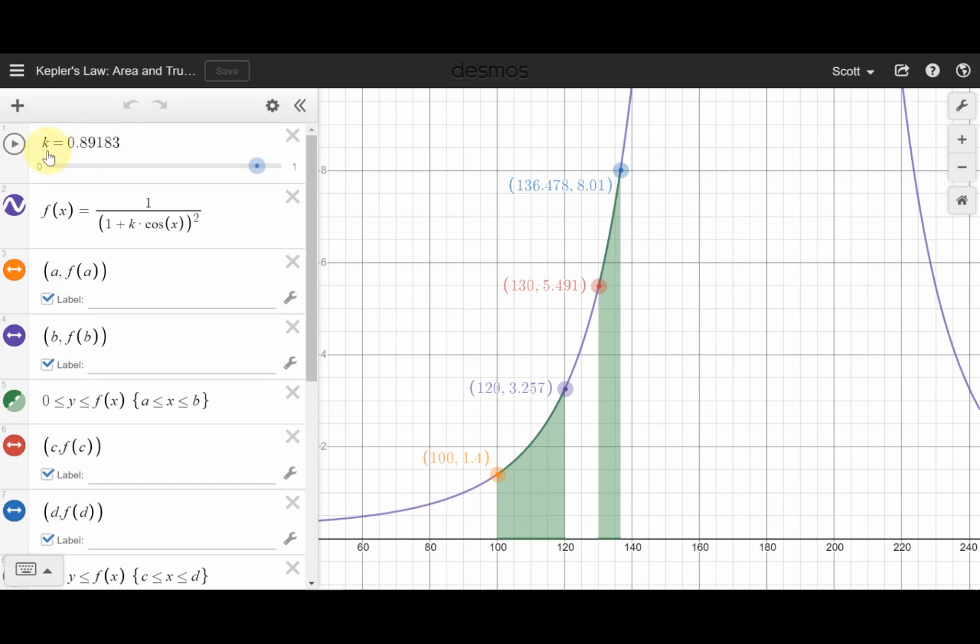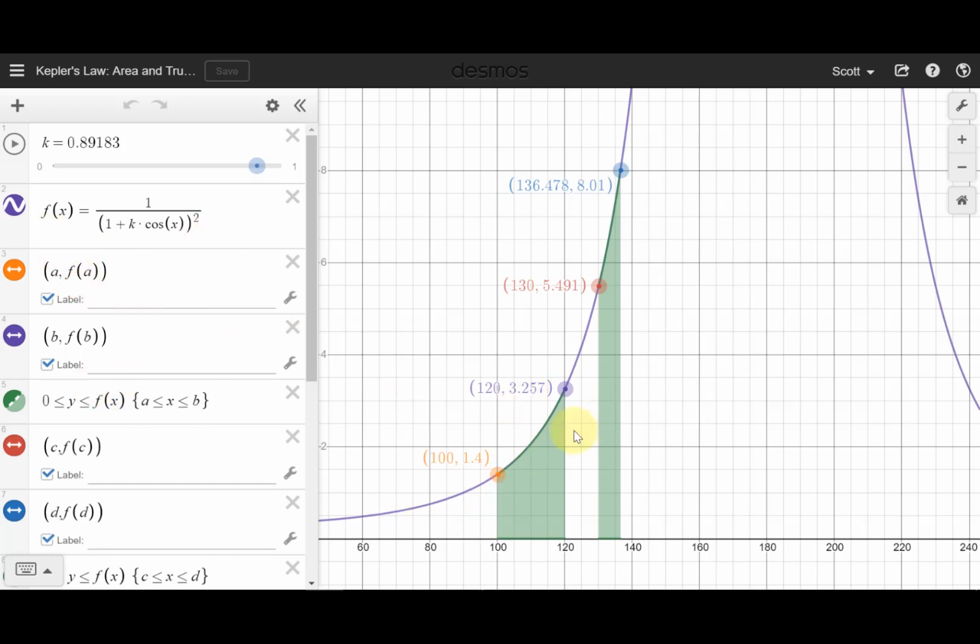So I'll set k to be the eccentricity, and I'll put it at 0.89183 to match very closely with what I observed in the game in Kerbal Space Program. So I'm using that eccentricity for k. And what I'll do is label this point A, f at A, and B, f at B.